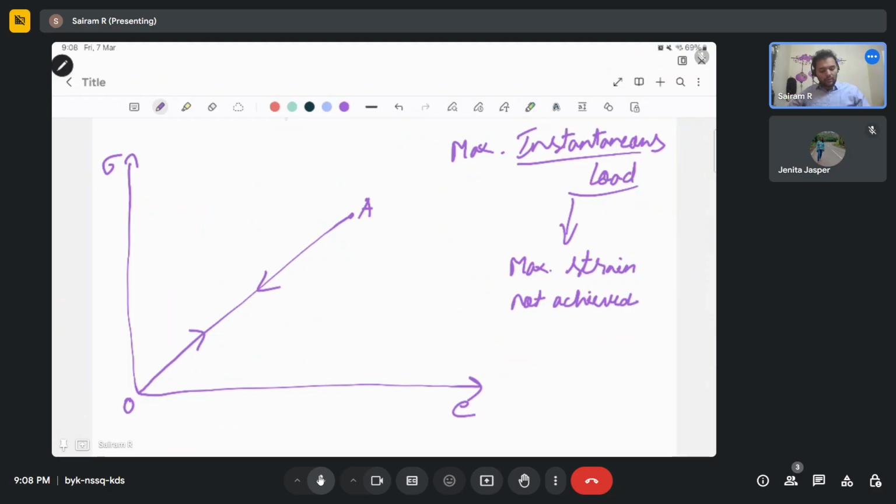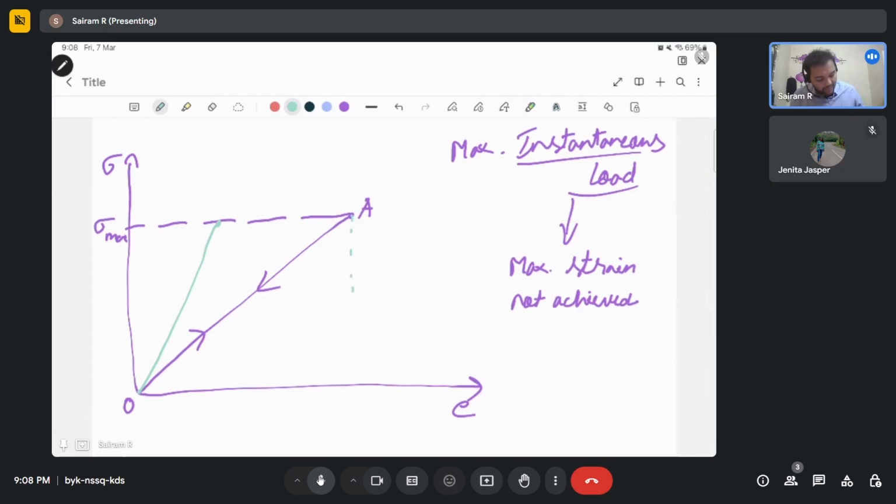So what has happened here is that, at the same stress level, I have only been able to achieve this particular strain.